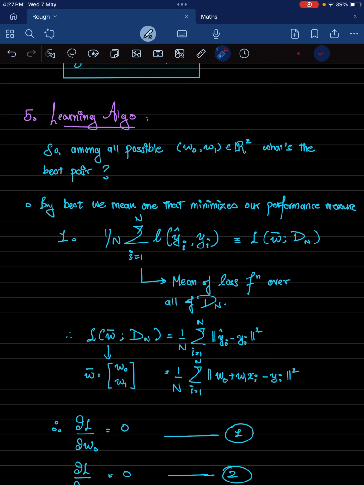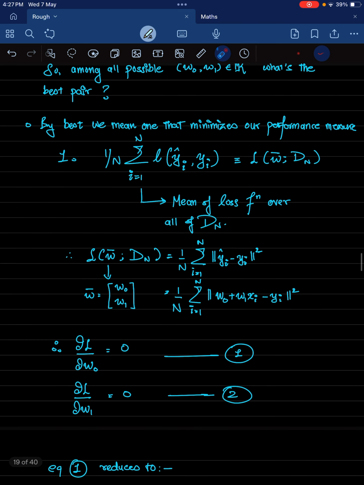But clearly, this whole average loss depends on your data set, and we are taking the mean of all the squared loss over this data set. Now, this W is basically W0 and W1 written collectively as a vector.